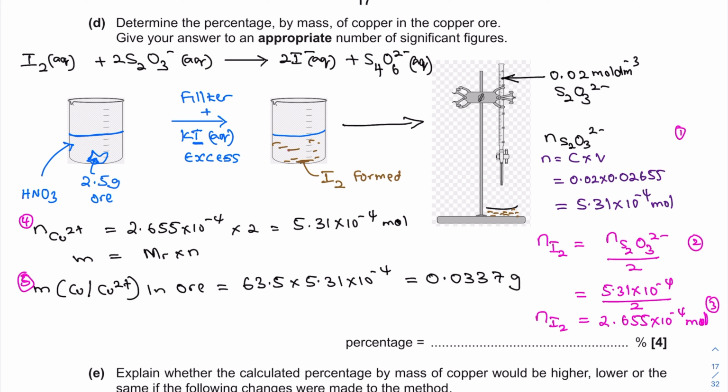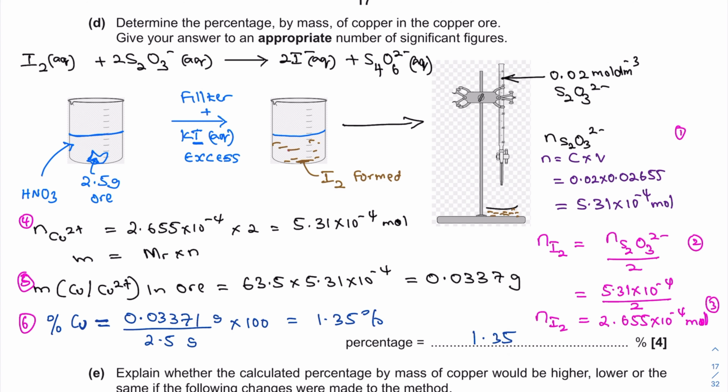So we now know the mass of copper to be 0.0337 grams. And if we then work out the percentage by mass, which will be the mass of copper here divided by the mass of ore used here times 100, that gives 1.35%. The final answer would be 1.35.